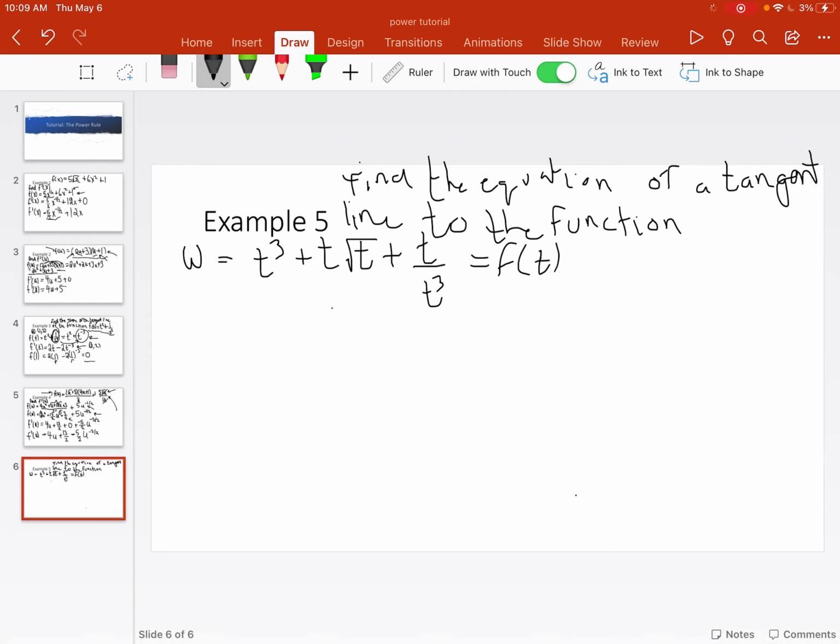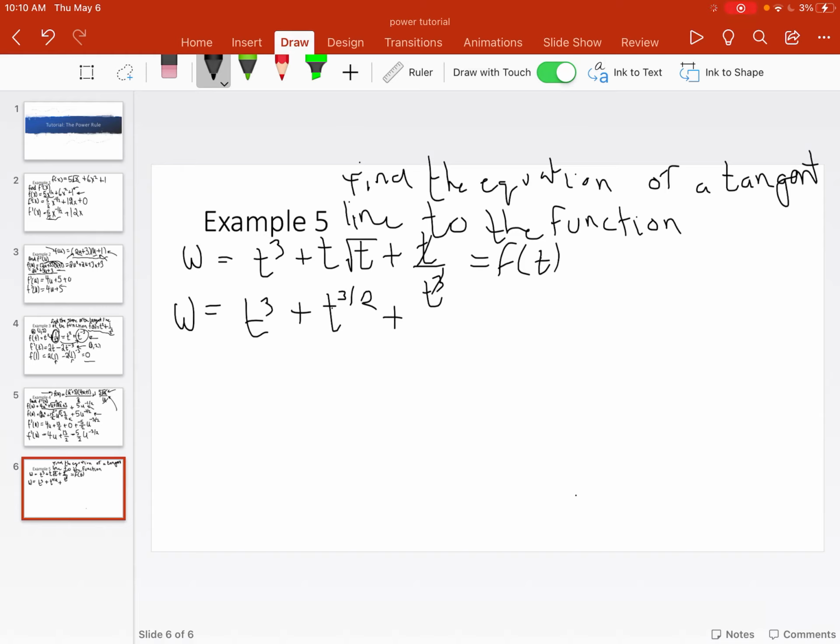So let's simplify this a bit. We can call this W. And our first term, nothing really to simplify. Our second term, using our exponent rules, we can see that this collapses down to just t to the 3 over 2, because we got a multiplication, so we add the exponents.